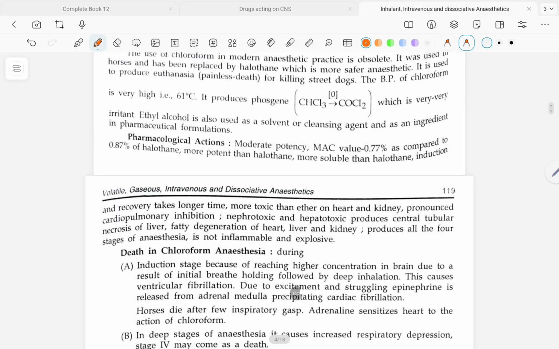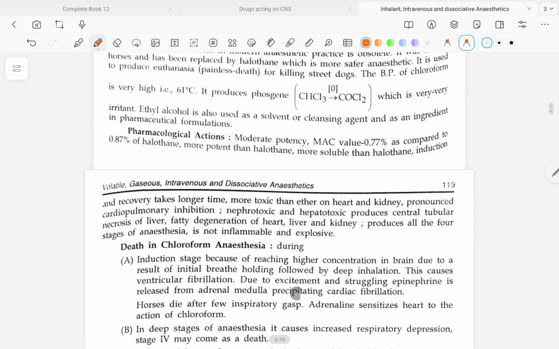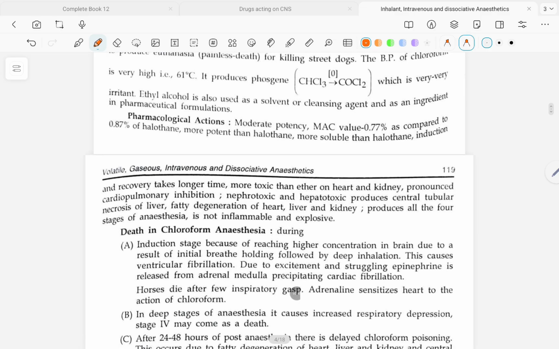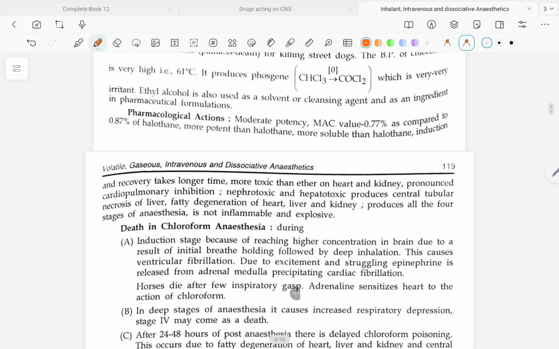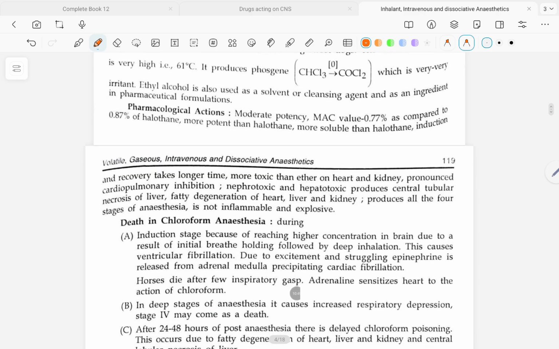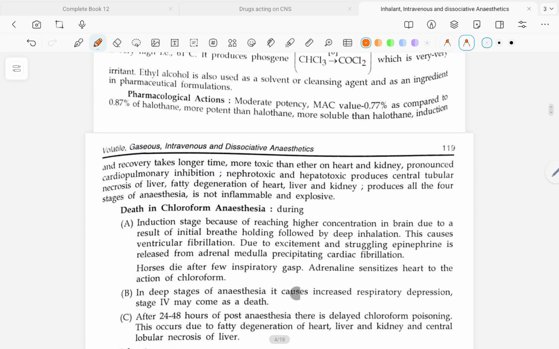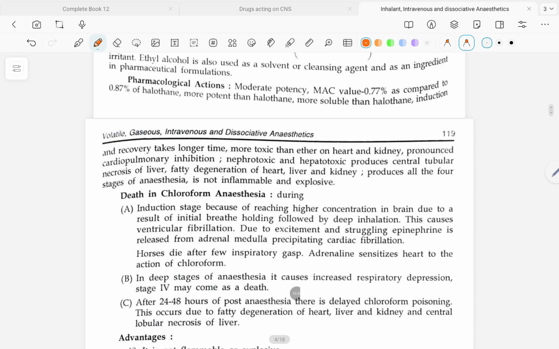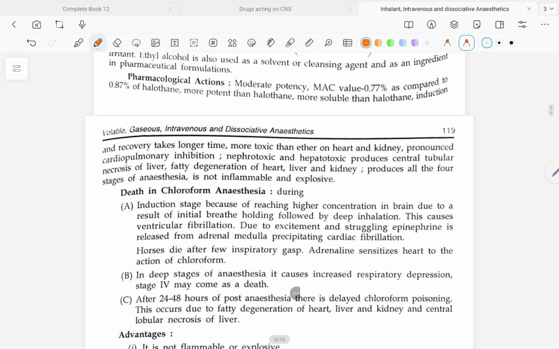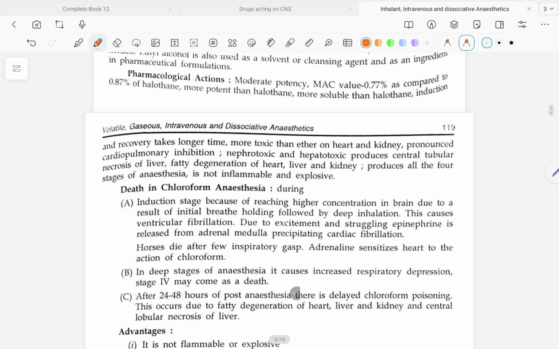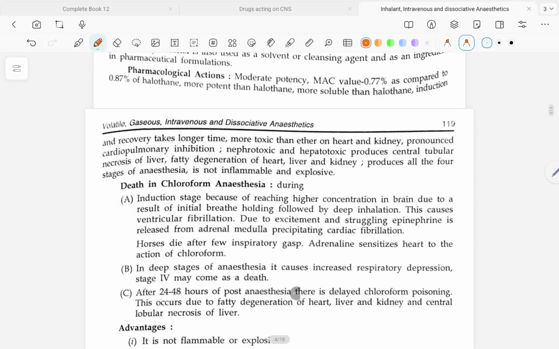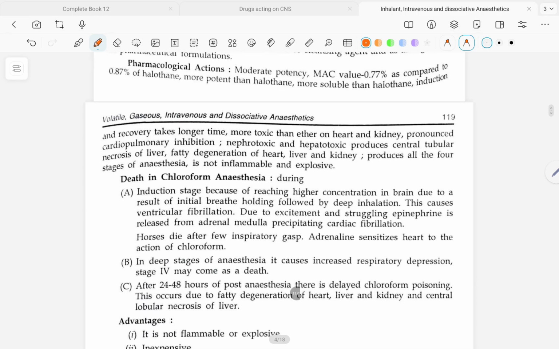Ethyl alcohol is also used as a solvent or cleansing agent and as an ingredient in pharmaceutical formulation. Pharmacological action: moderate potency, MAC value 0.77% as compared to 0.87% of halothane. More potent than halothane, more soluble than halothane.